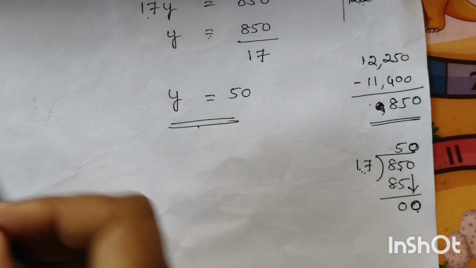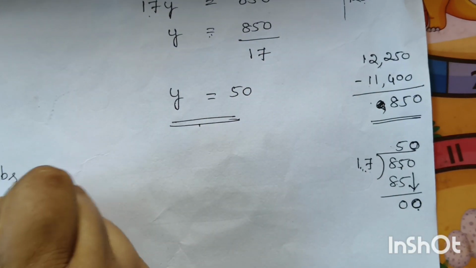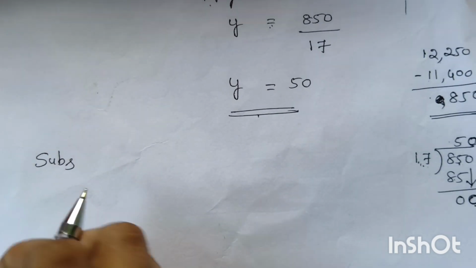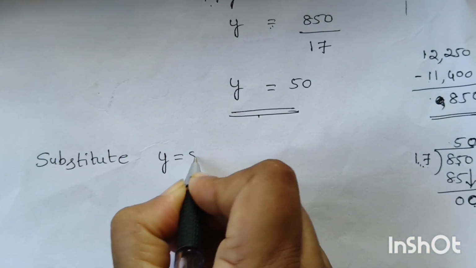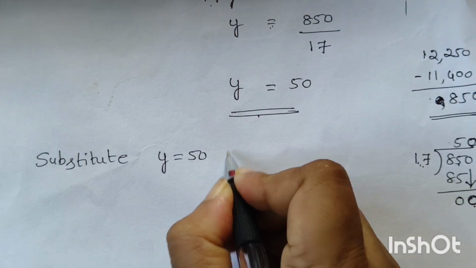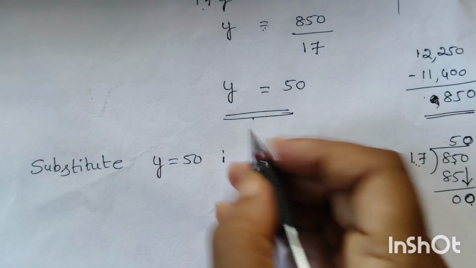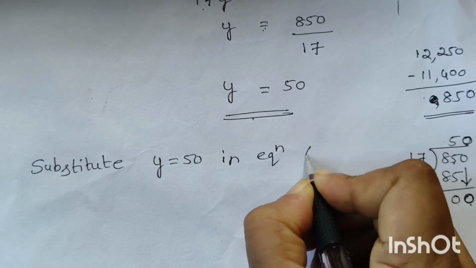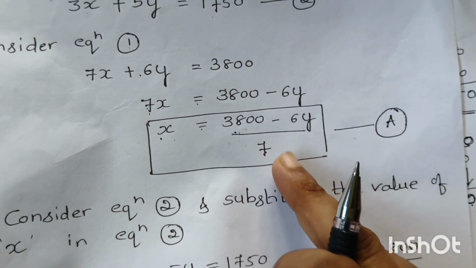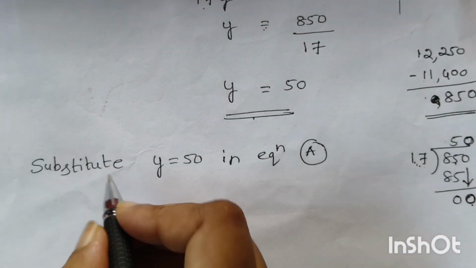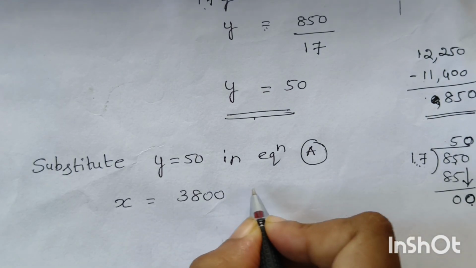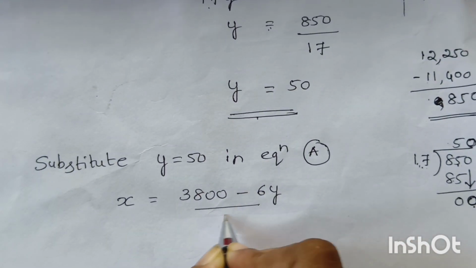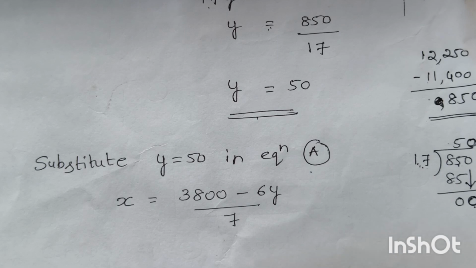Substitute y is equal to 50 in equation A. We know that this is our equation A, this one. Let me write that. X is equal to 3800 minus 6y divided by 7. This is our equation A.